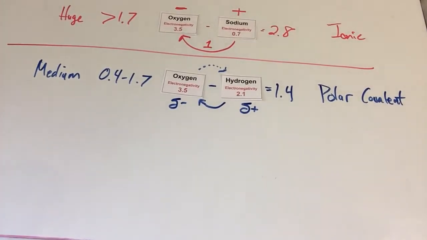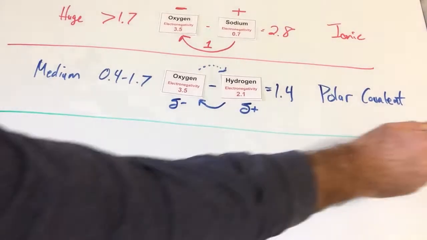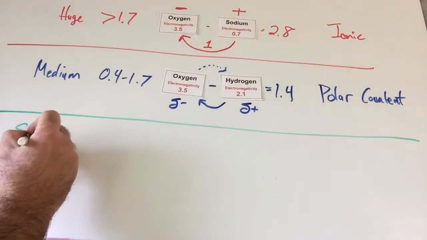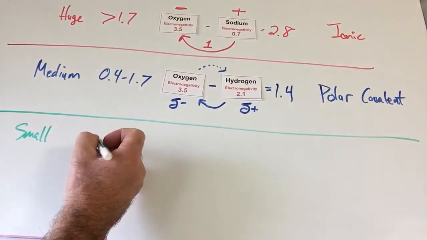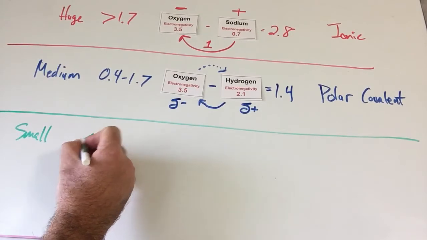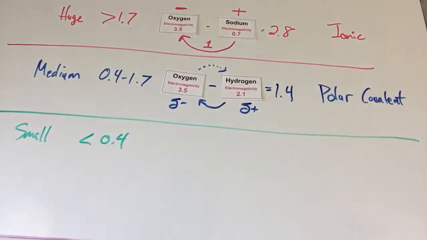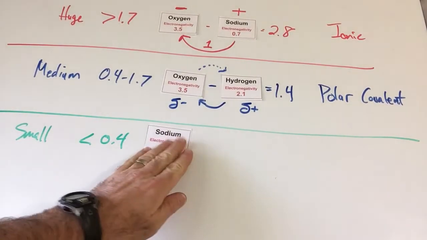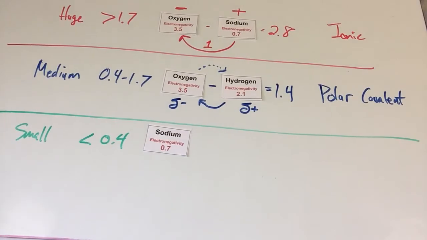And then what if it has just a small difference? What if it is less than 0.4 difference? Well, less than 0.4 acts pretty much the same as no difference.